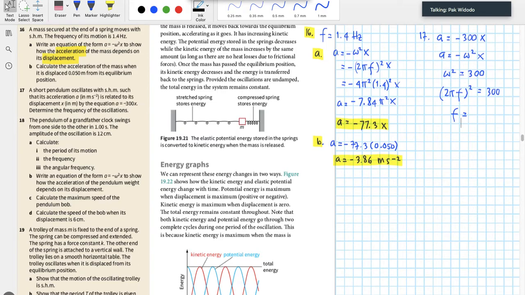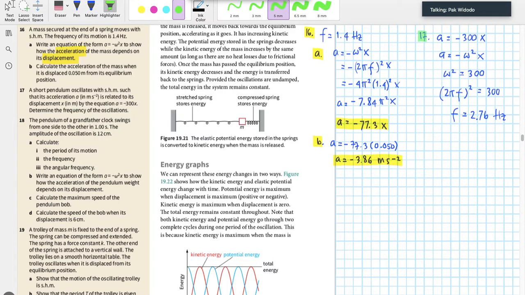After we calculate this, root of 300 and then divide by 2 pi, this is 2.75, 2.76, about 2.76 in hertz. Yeah, that's it.